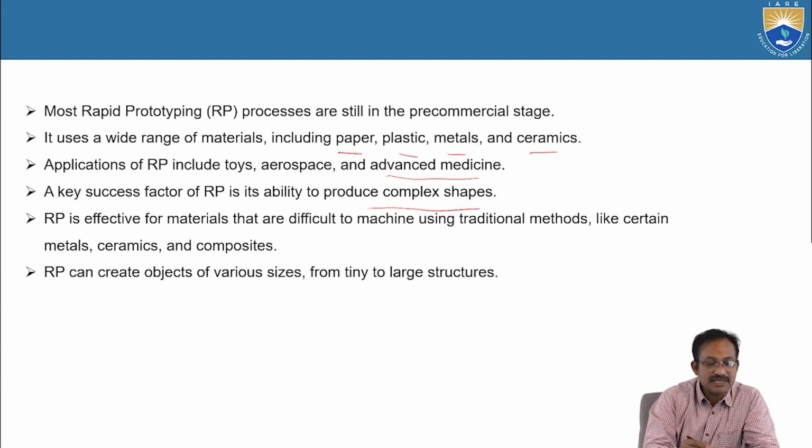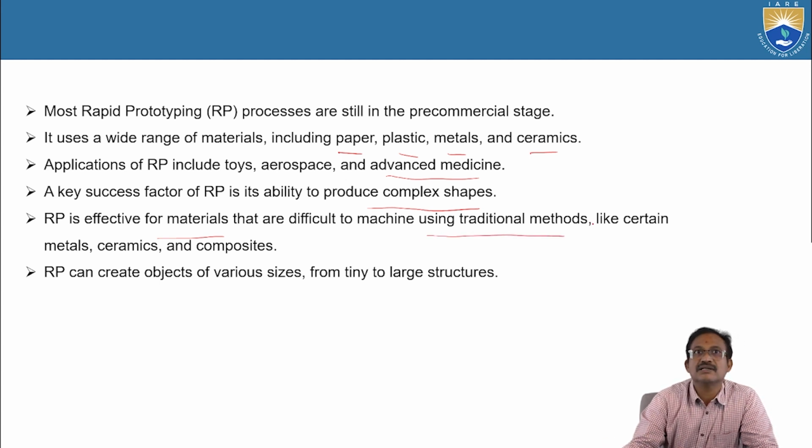RP is effective for materials that are difficult to machine using traditional methods, like certain metals, ceramics, and composites. RP can create objects of various sizes from tiny to large structures. So with rapid prototyping, we can make even small screws or pins up to huge bridges.